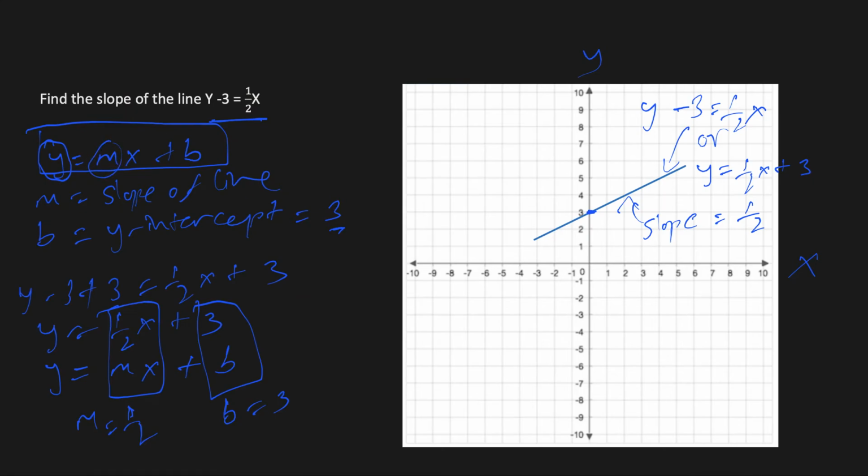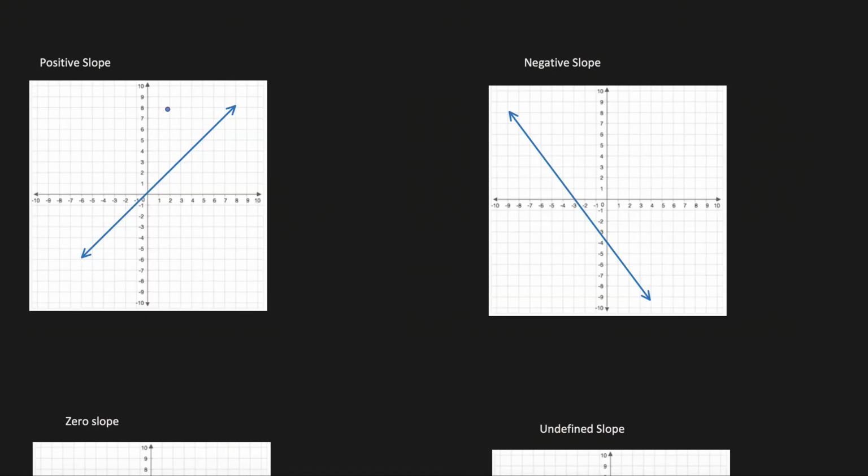Cool. So that brings us to the last section, which is the bonus section. In this case, we will look at the types of slopes. So first is the positive slope. When you look at the slope, it's always advisable to read the slope from left to right.